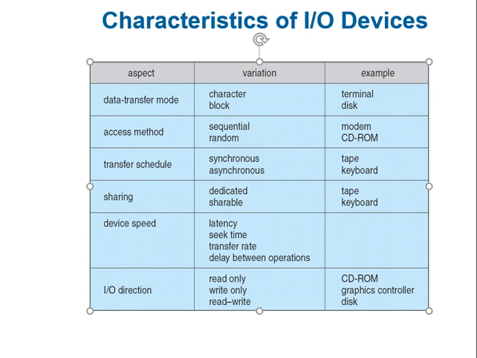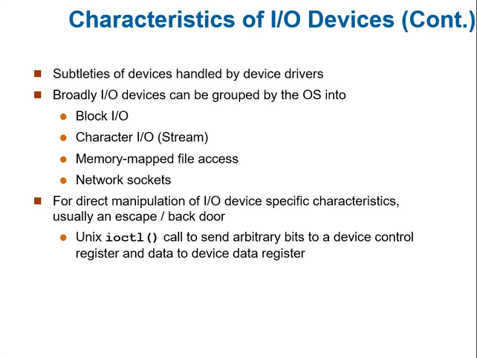For the transfer schedule, synchronous or asynchronous, like synchronous tape; dedicated or shareable, tape is dedicated, a keyboard is shareable, right? And for device speed, we need to be concerned about latency, seek time, and many more. Other than that, we have characteristics of I/O devices that we can differentiate.